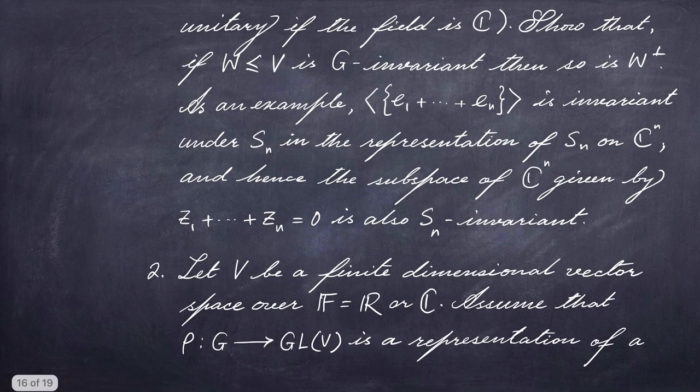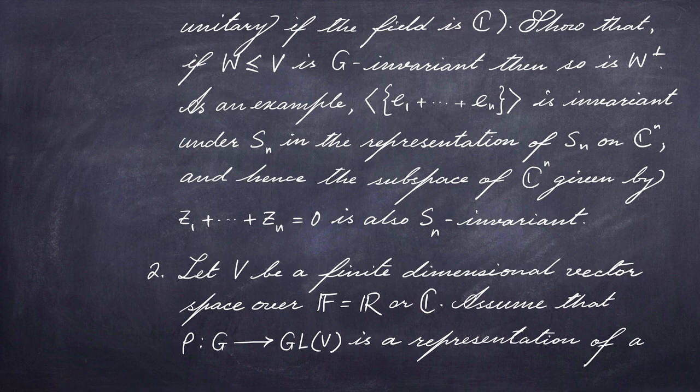Thus, since this is an invariant subspace, its orthogonal complement is also going to be invariant under Sn. And the orthogonal complement of this is easily seen to be this complex hyperplane.